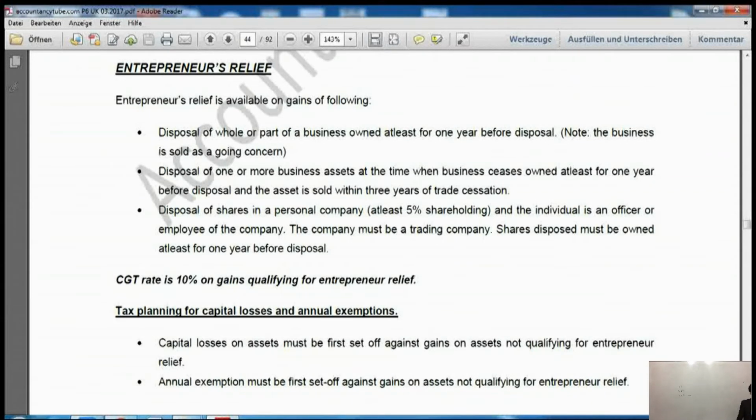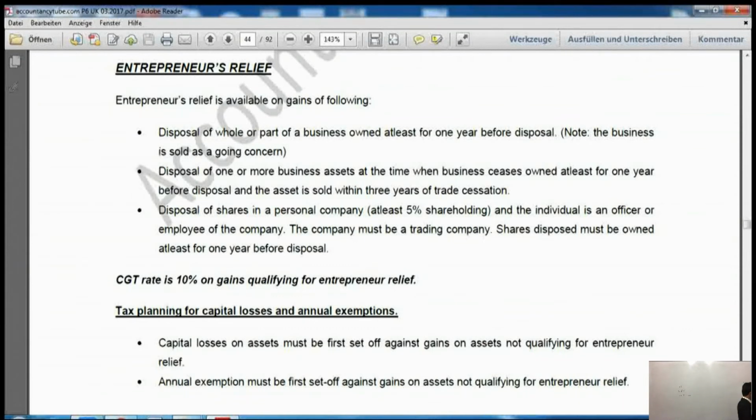Now, the business is sold as a going concern. I am not selling the pieces of the shop. If I own some shop, I'm just selling it as a going concern, so someone who is buying will carry on the trade. So if I dispose of my business, which I am the owner of, and sell it as a going concern, then I will be eligible to get entrepreneur's relief on that.